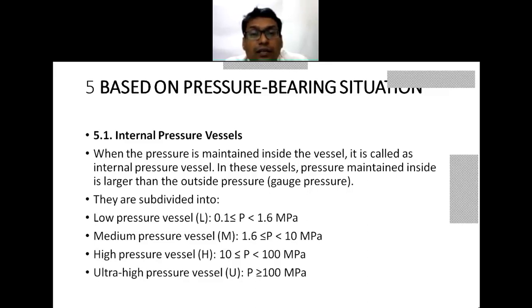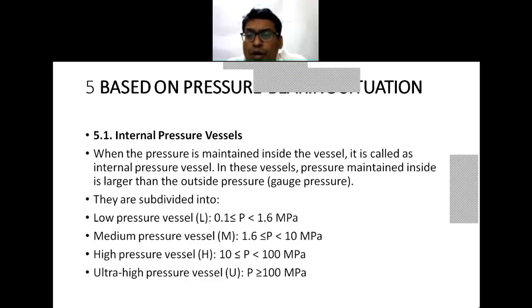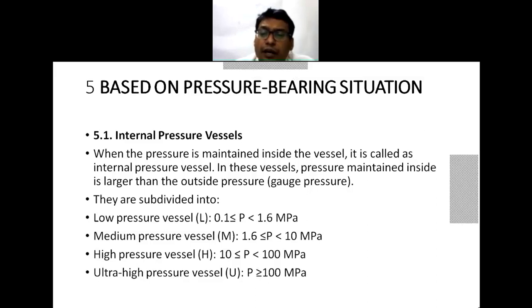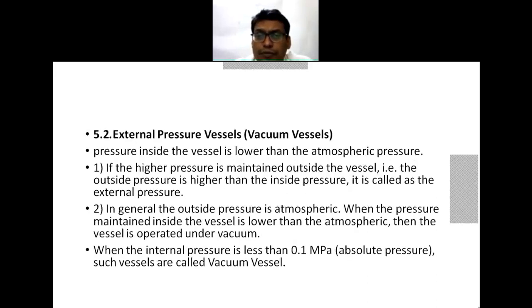They are subdivided into low pressure vessels, medium pressure vessels, high pressure vessels, and ultra high pressure vessels based on the pressure: from 0.1 megapascals to 1.6 megapascals is low pressure, for medium pressure vessels it is 1.6 megapascals to 10 megapascals, for high pressure vessels from 10 megapascals to 100 megapascals, and for ultra high pressure it can be greater than 100 megapascals.